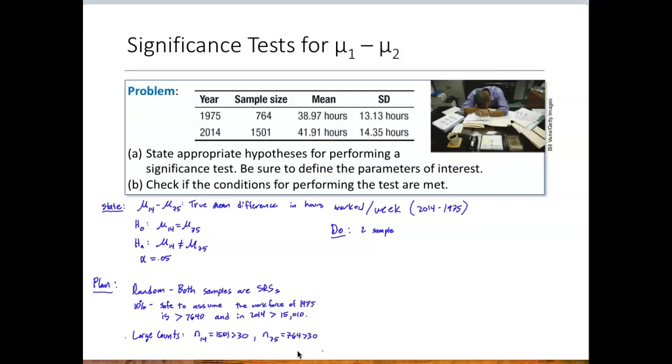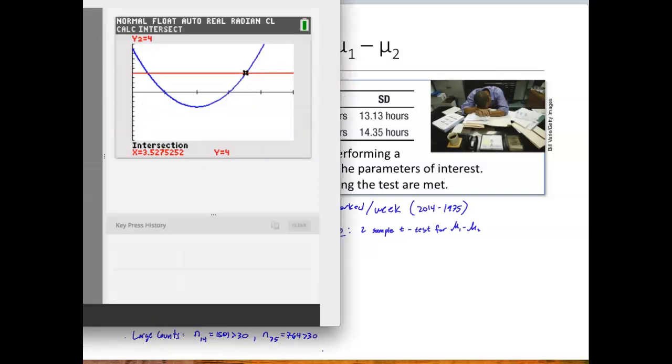If it's for a mean, is it a z-test or a t-test? It's a t. T-test for mu1 minus mu2. All right. We'll go ahead and conduct this in our calculators.